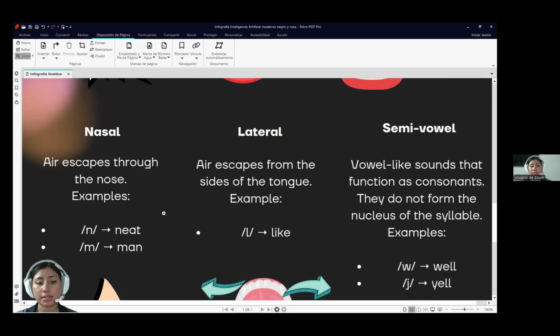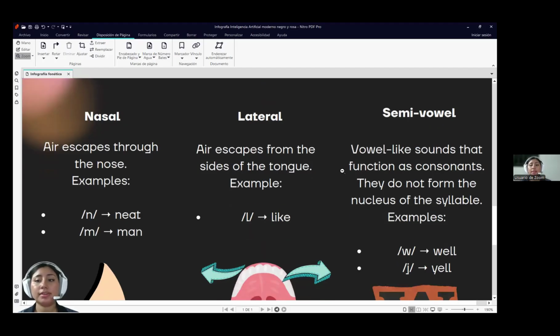Repeat: need, need, man, man. Let's move to lateral sounds. In lateral sounds, the air escapes from the sides of the tongue, as in the word like. You feel the air on the sides of your mouth. Repeat, like.